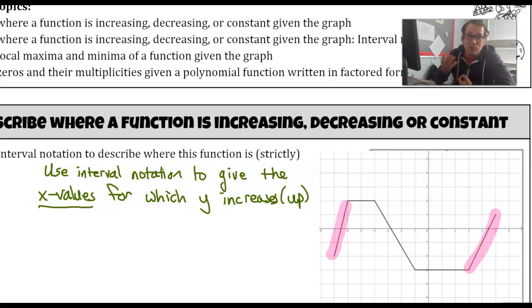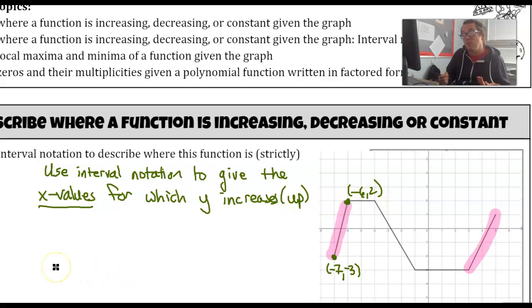But we're going to look at these pink regions where the graph is clearly going up, obviously going up. And we're going to make a note of where the endpoints are. It starts here and it ends here. So the point here is -7, -3. That's this guy's coordinate. And the point here is -6, 2.